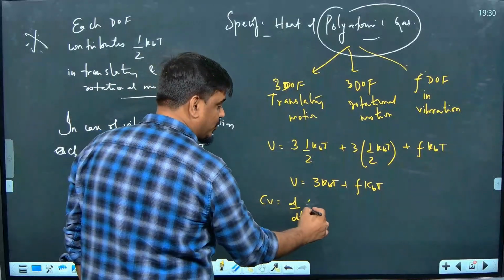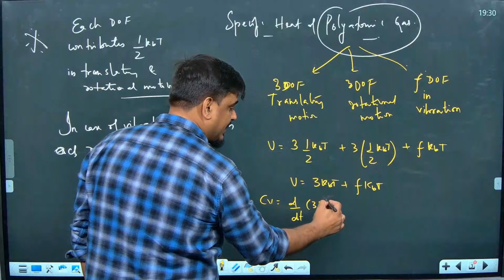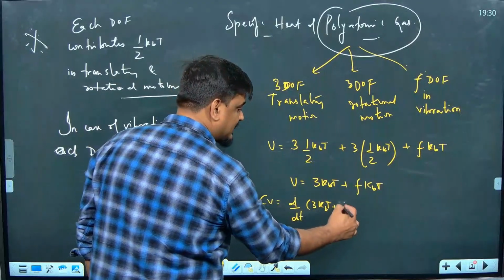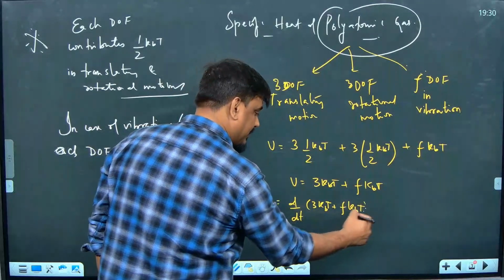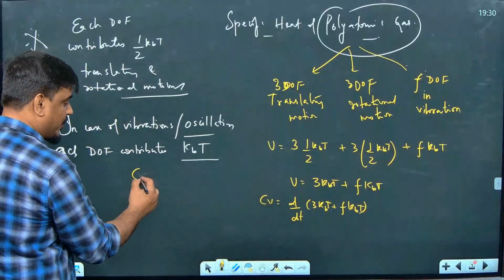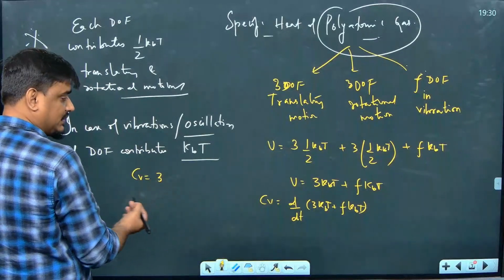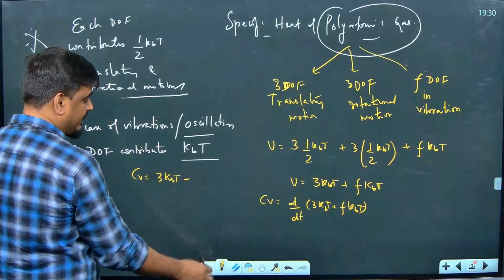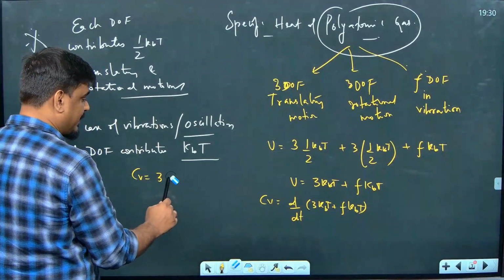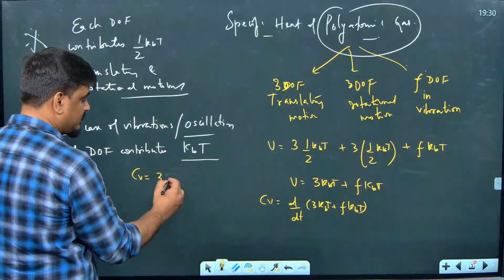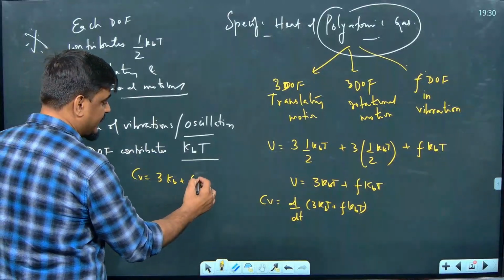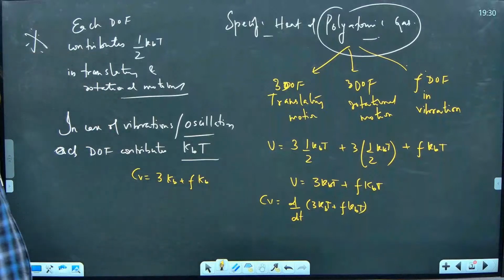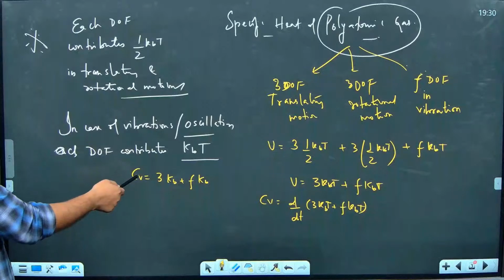So it will be 3 kT plus F kT. T will be cancelled, so Cv will become equal to 3 kB plus F kB. If I consider it in form of N and R, I can write kB is equal to R into N.